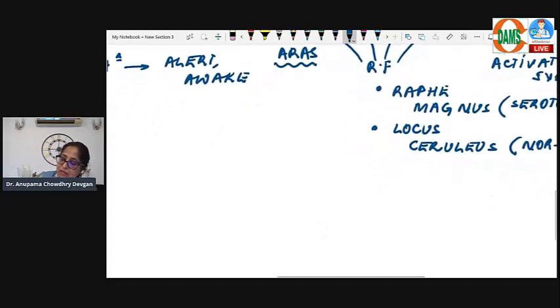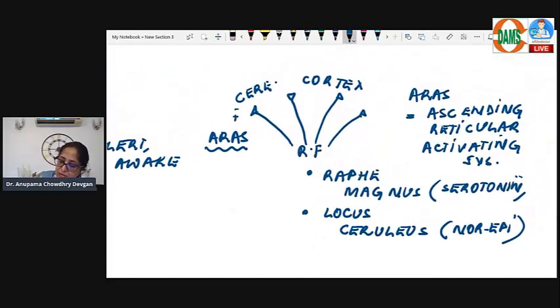Fibers from the reticular formation will ascend to the cerebral cortex. It will keep you alert and awake. This is called the ascending reticular activating system. Which parts of the reticular formation are involved? Raphe magnus nucleus, which is serotonergic, and locus ceruleus, which secretes norepinephrine. Okay?